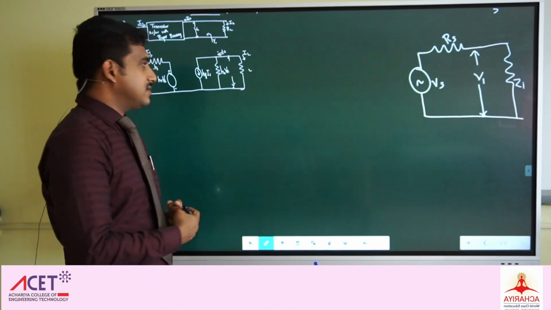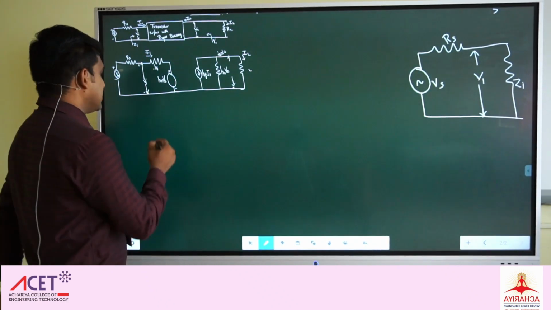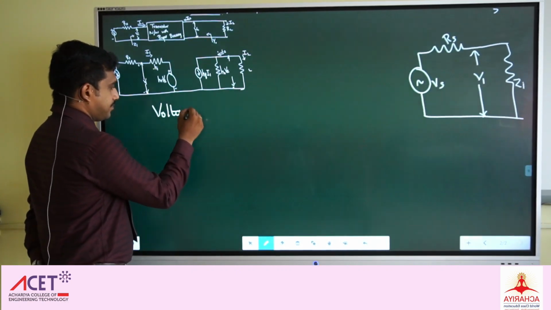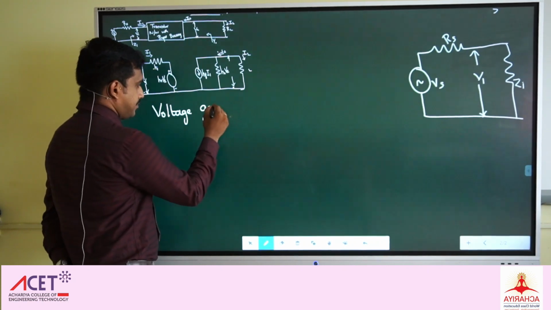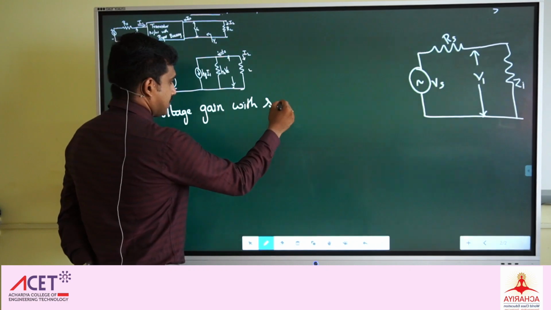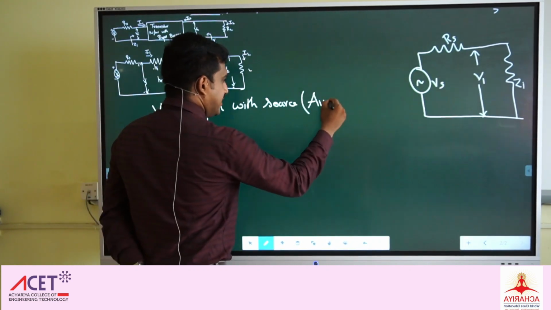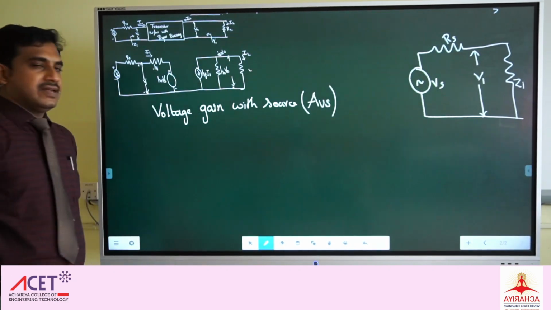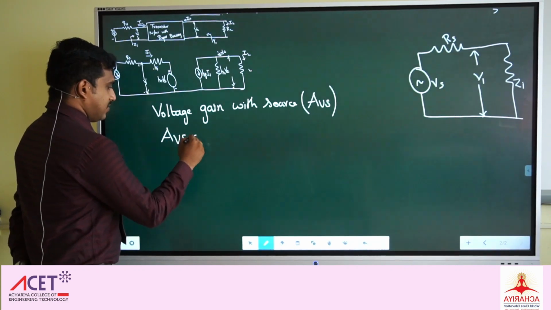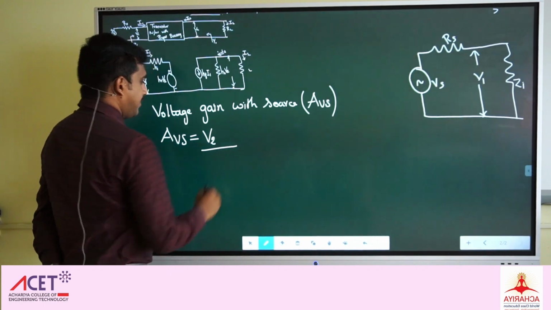Next, we are going to find the voltage gain considering the source voltage, voltage gain with source. It is represented as AVs. AVs is equal to the output voltage V2 divided by the input voltage.